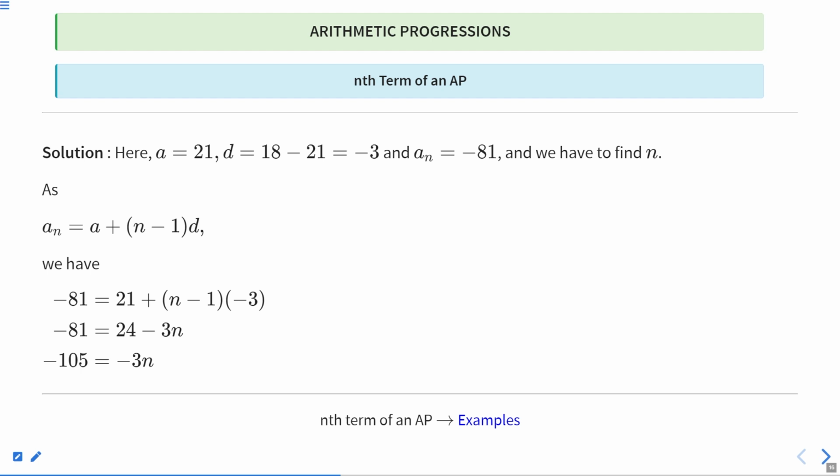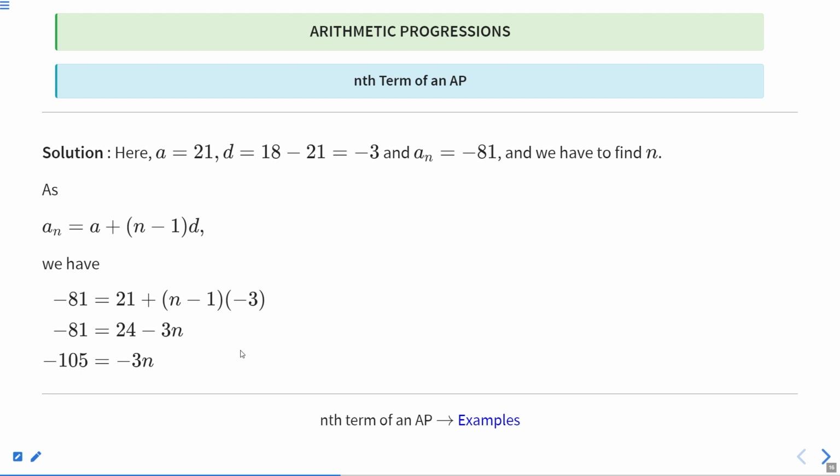As we know, an is equal to the first term a plus n minus 1 times the common difference d. We have the values of a, d, and an, and we need to find n. So minus 81 is equal to 21 plus n minus 1 times minus 3.